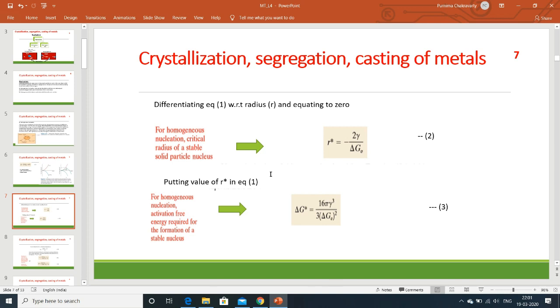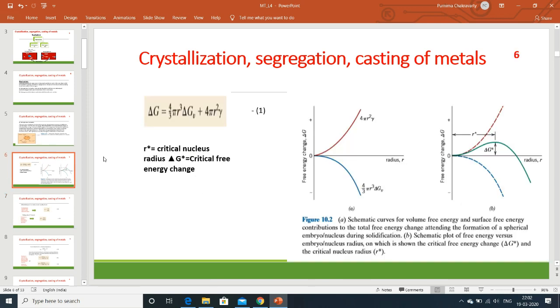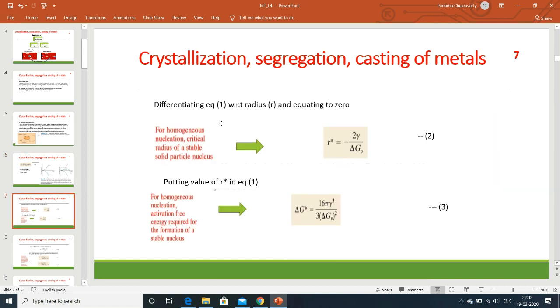So here we are trying to find equation 2, an equation for the critical radius for the homogeneous nucleation system. Now you must be wondering how I got this term. It is obtained from equation 1 that you can see here, by differentiating equation 1 with respect to radius r and then equating to 0.